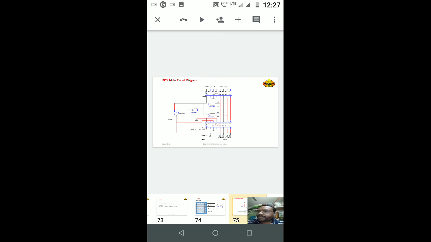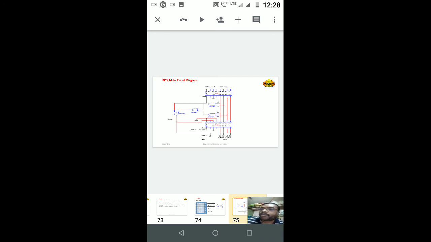B3 and B2 inputs are connected to the output of the OR gate, and this is 1 because the output of the OR gate is 1 when carry is generated or the result is greater than 9.